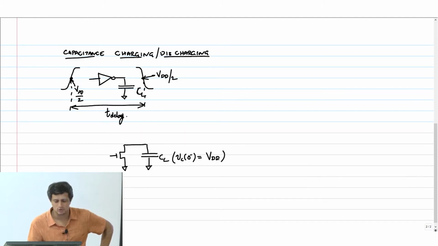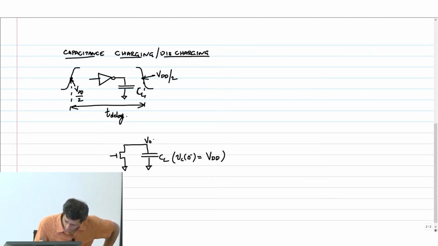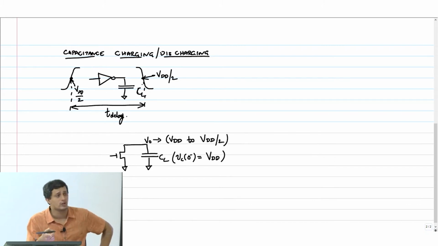So this inverter is going to now discharge the capacitor through an NMOS transistor. So this voltage V0 is going to fall from VDD to VDD by 2 because of the delay definition. That's why VDD by 2 is a very sacrosanct number. I am not worried about taking it all the way to 0.